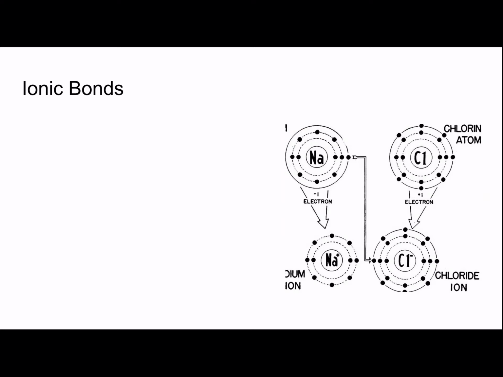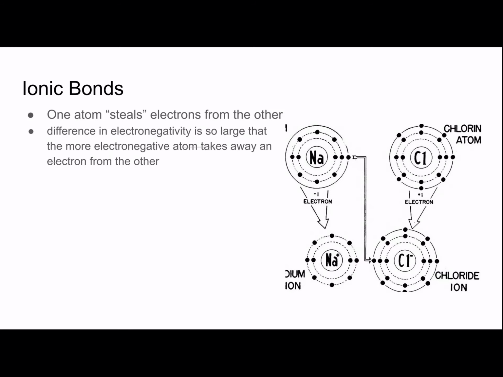Next we have ionic bonds. So in this type of bond, one atom, quote unquote, steals electrons from the other. And this is because the difference in electronegativity is so large that the more electronegative atom completely takes away an electron from the other. And it becomes an ion, which is a charged atom or molecule.